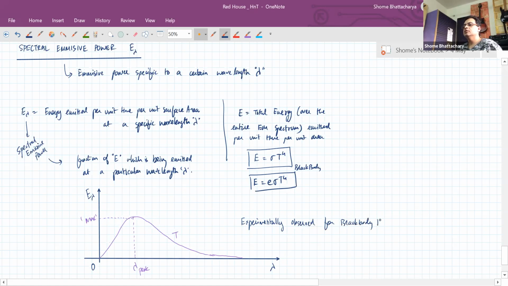For black body radiation. Of course, a perfect black body does not exist. So it's observed for materials which are very close to perfect black bodies, which have very high value of emissivity.